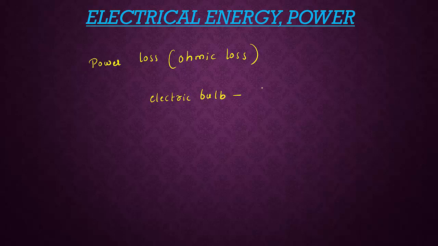It consumes 60 watt and we are providing a 220 volt battery supply. When that bulb glows, the filament of that bulb will be at high temperature, nearly 2500 degrees Celsius. So why, when that bulb glows, will the filament of the bulb be heated?